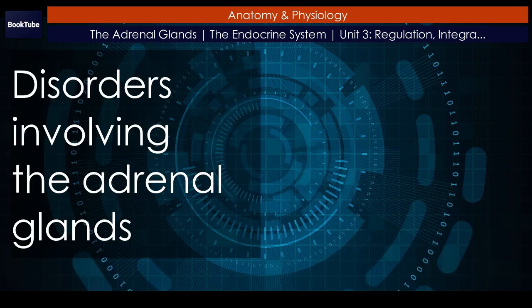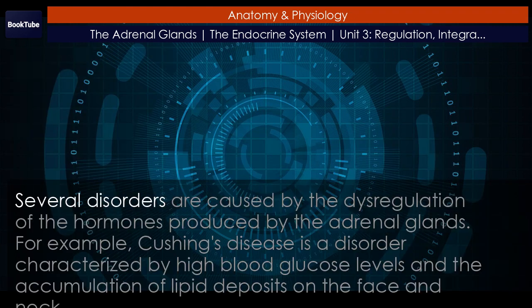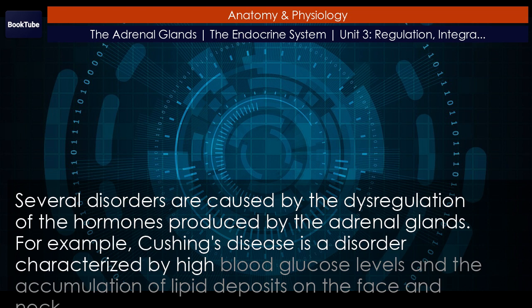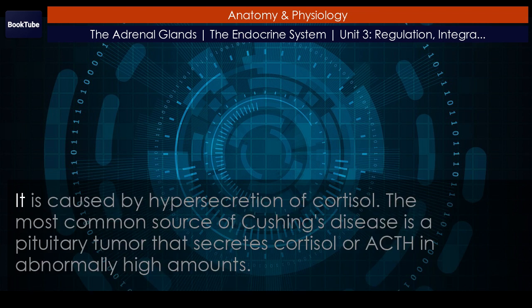Disorders involving the adrenal glands. Several disorders are caused by the dysregulation of the hormones produced by the adrenal glands. For example, Cushing's disease is a disorder characterized by high blood glucose levels and the accumulation of lipid deposits on the face and neck. It is caused by hypersecretion of cortisol.